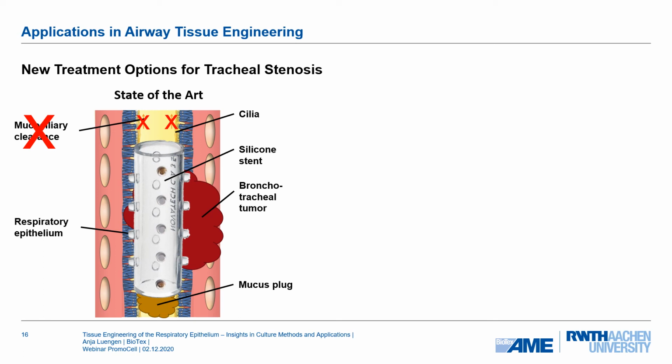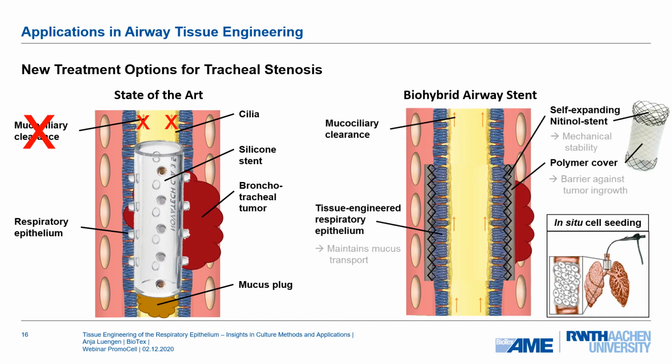The biohybrid airway stent developed by our group has a different concept. The stent consists of a self-expanding nitinol stent that is covered by a polymer cover. This cover acts as a barrier against tumor ingrowth from outside and additionally functions as the growth area for a tissue-engineered respiratory epithelium that maintains the mucus transport throughout the whole inner surface of the stent.